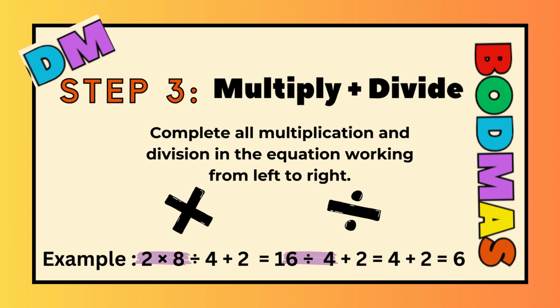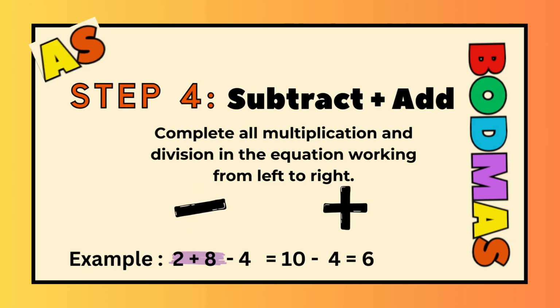Like if multiplication comes first, we will complete multiplication first and then do division. In the final step, we will add and subtract. Here, same like multiplication and division, addition and subtraction are also at the same priority. So from left to right, if addition comes first, we will do addition and then we will subtract.